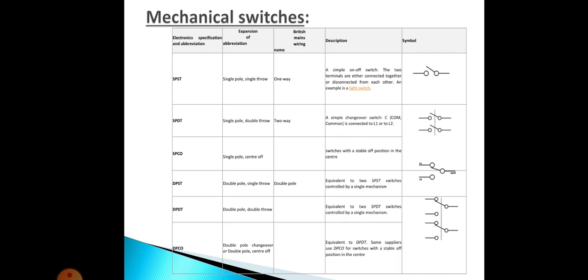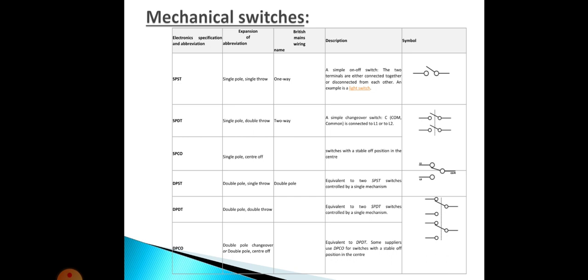You can see here a simple on off switch. The two terminals are either connected together or disconnected from each other. An example is a light switch.